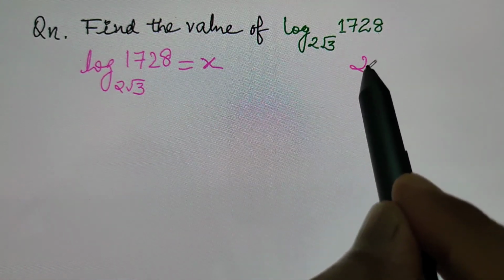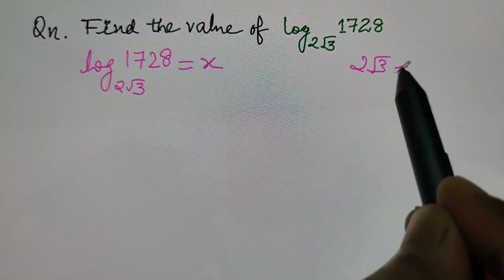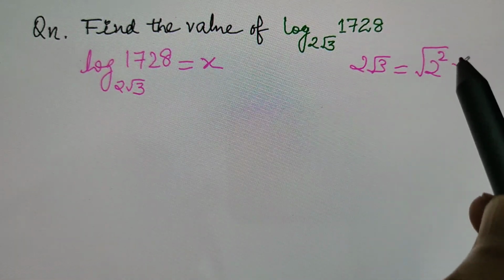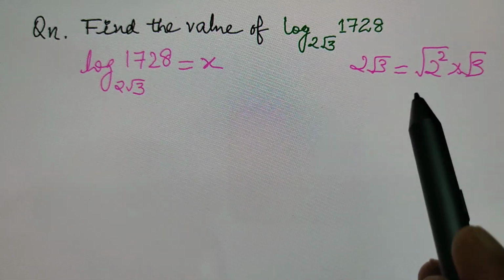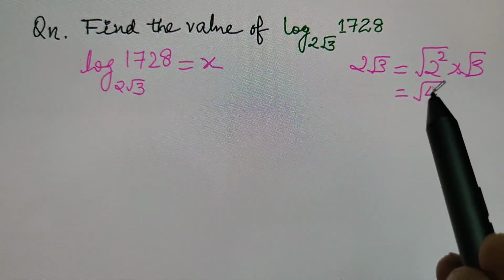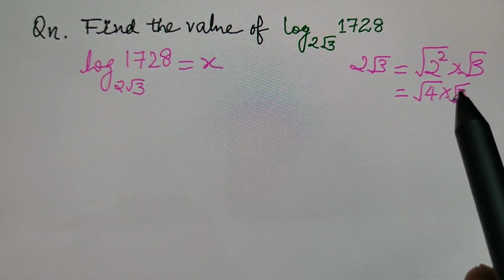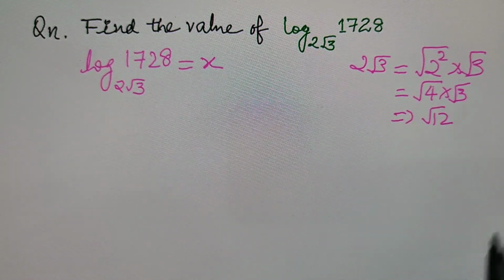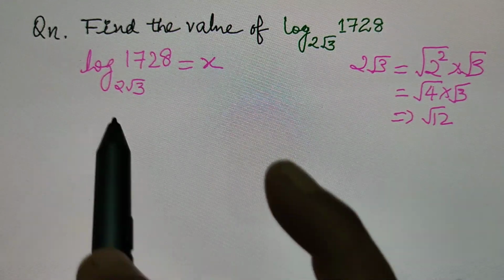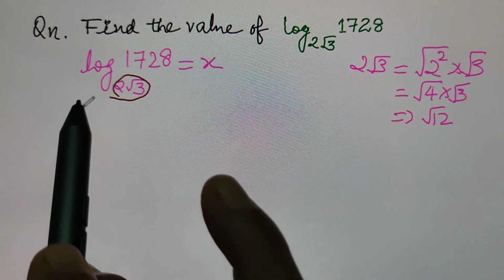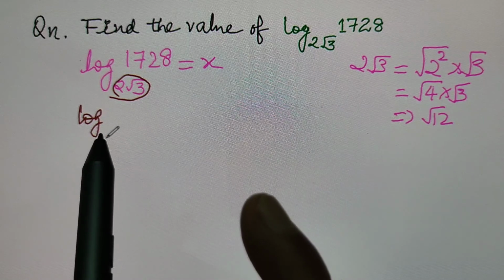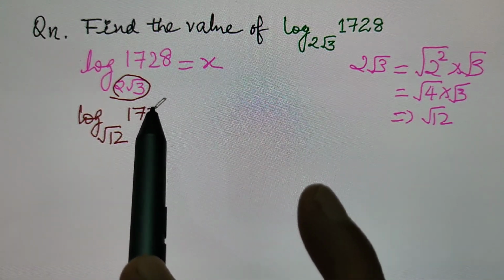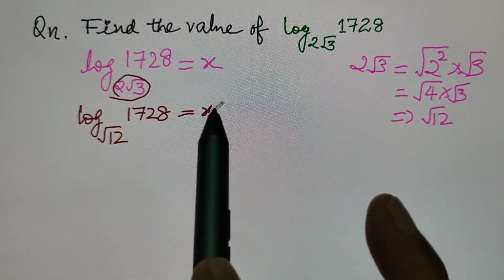Now 2 root 3, how can we write 2 root 3? 2 root 3 is equal to root 4 into root 3. So this can be written as root 12. Now what we are going to do is we can substitute this as root 12 which is equal to x.